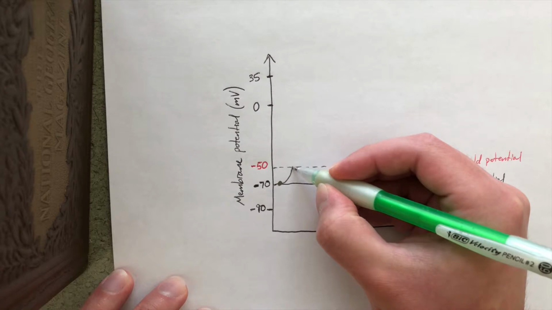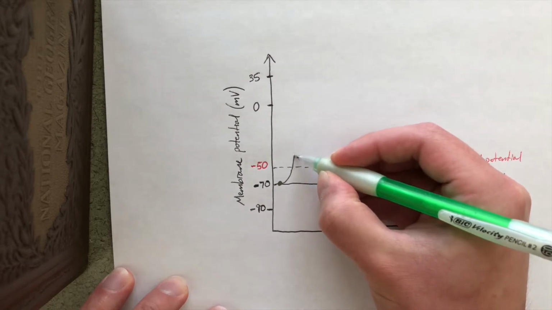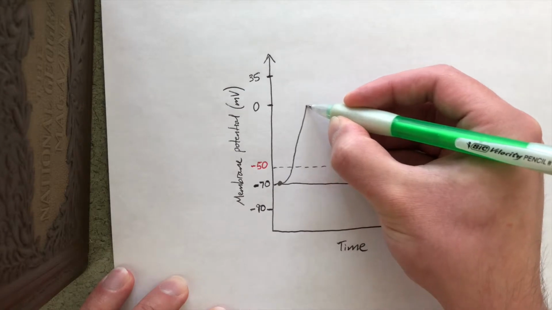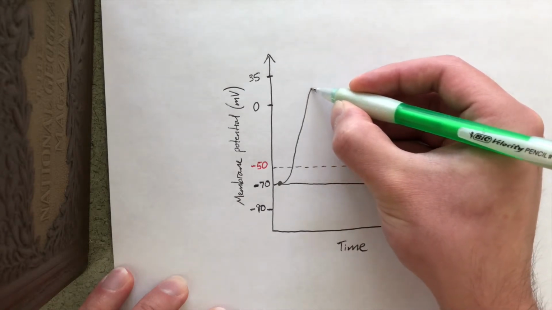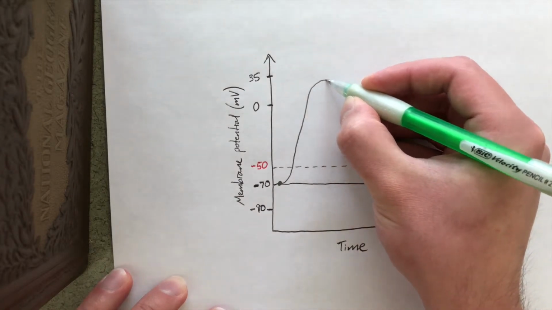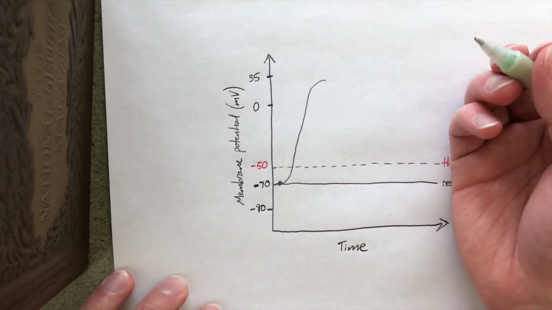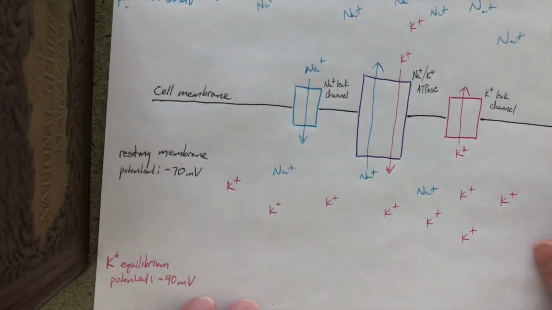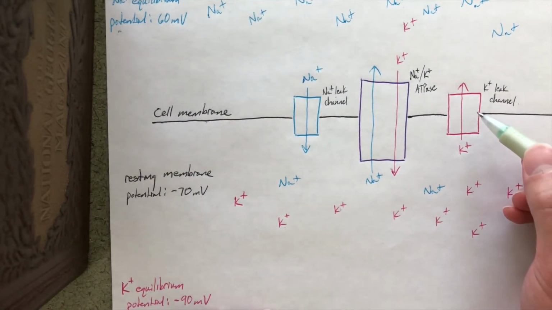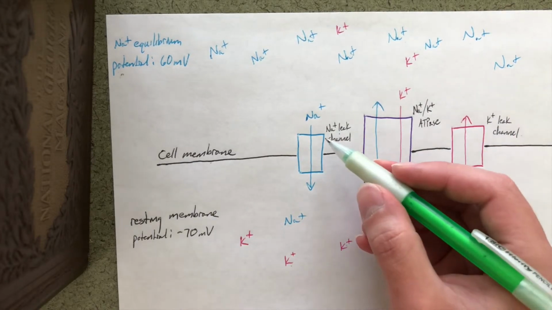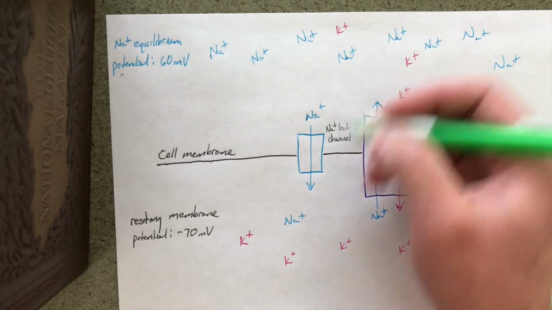This leads to even more potassium flowing out. The membrane potential is getting more and more positive until we peak. And the peak is usually around 35 millivolts or so. And at which point your potassium channels are going to close, and so no more potassium is going to flow out, and your sodium channels are going to open, and so sodium is going to start flowing in.